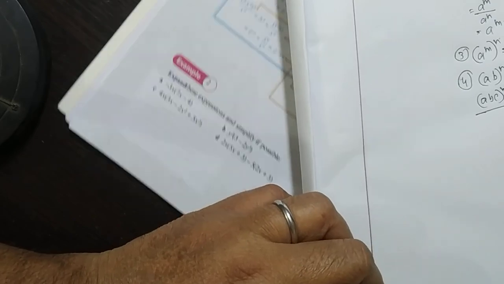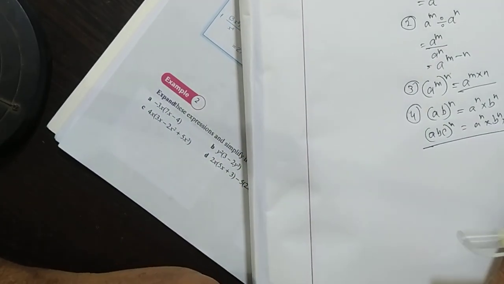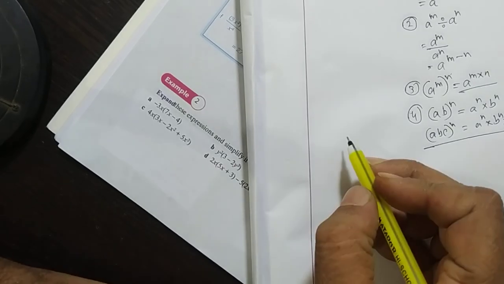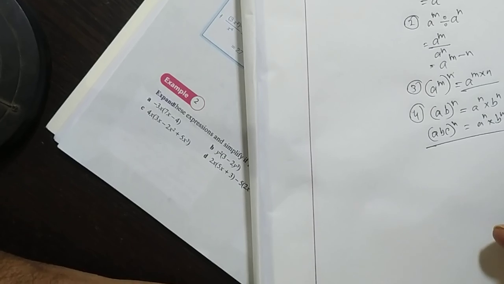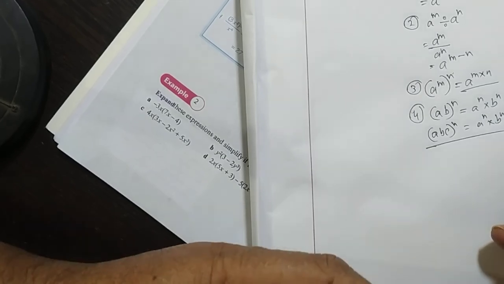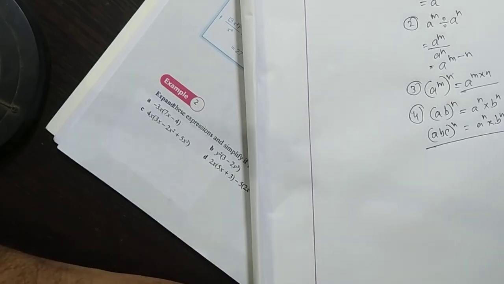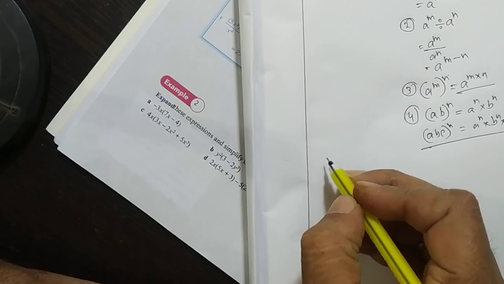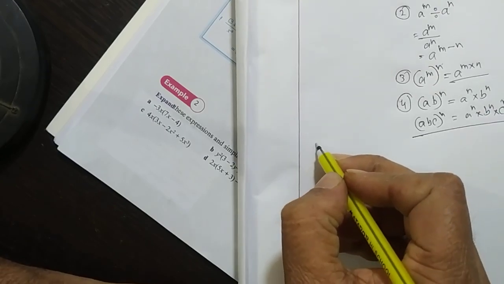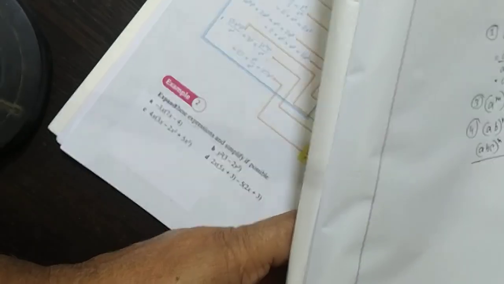Expansion means simply you can use these type of multiplications, or the rules, which are basically associative law and distributive law. The main purpose is the expansion. Here there are examples given.